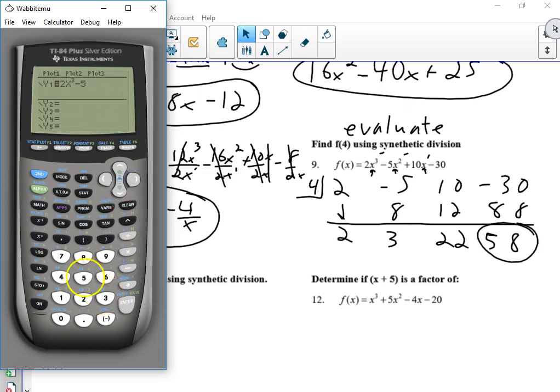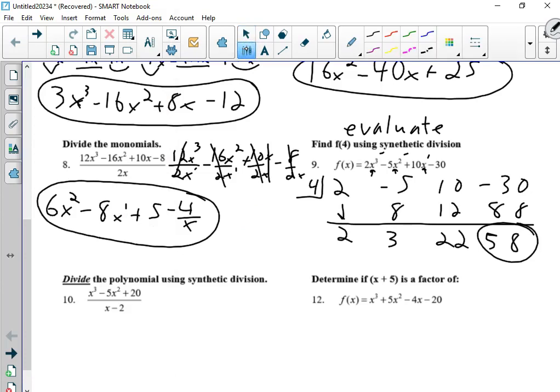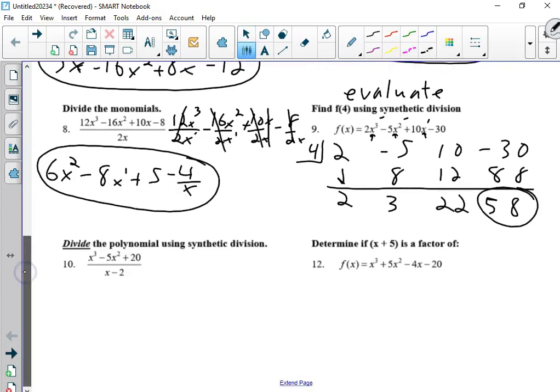Minus 5x squared plus 10x. Now remember, this problem says synthetic division. If this is a constructive response problem, you've got to do the work, not just get the answer. But you can use this calculator to verify your answer and make sure you did it right. And then just go to 4, and there it is, 58. Thing of beauty. Why not make sure you're right before you move on?